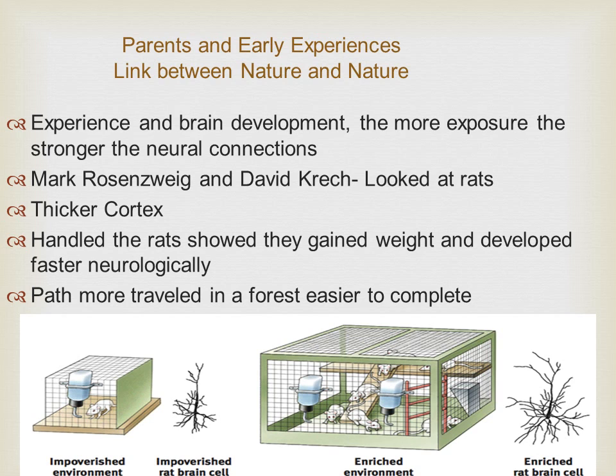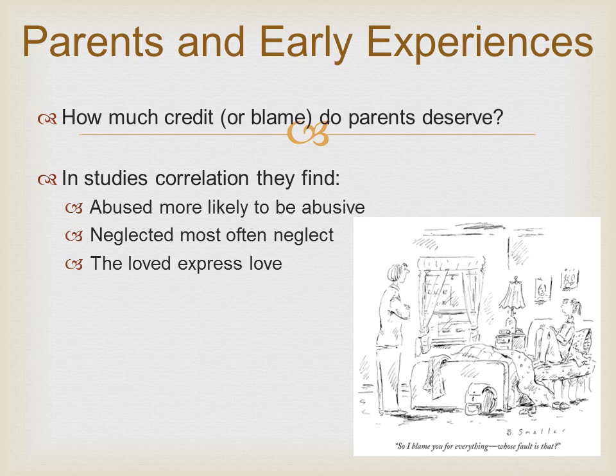Okay, so this kind of goes along with the path more traveled in a forest is easier to complete. So if you're allowing more of those connections to take place, it's going to create better neural pathways.